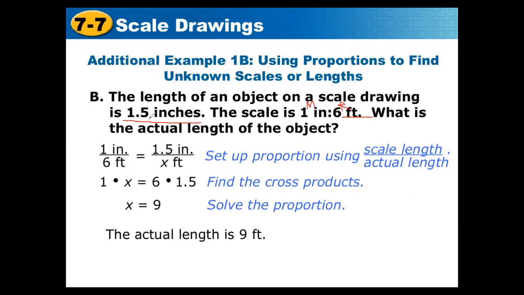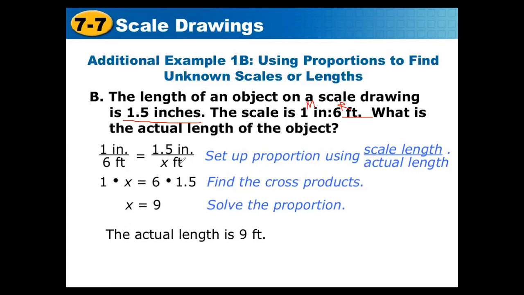So 1.5 inches is map. So we put the scale first: 1 inch over 6 feet equals 1.5 inches over x feet, because we are looking for the reality here. We are looking for the real.